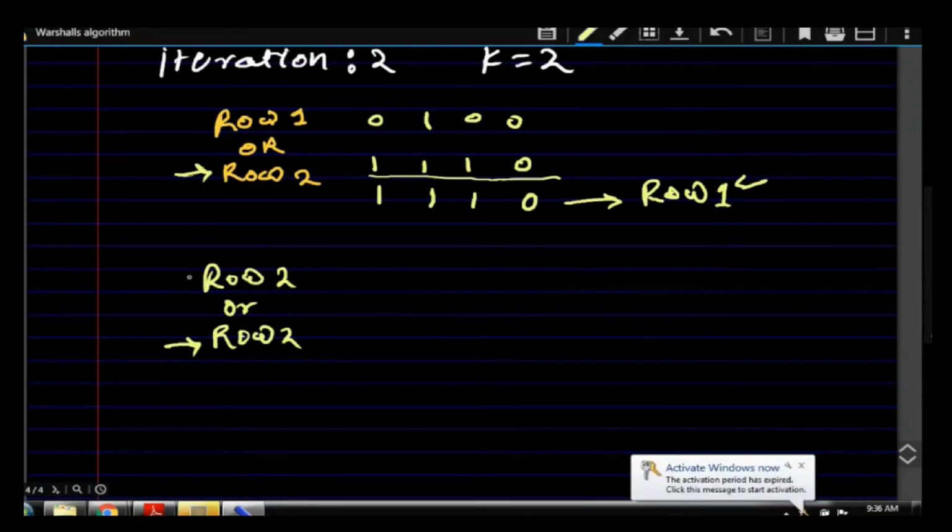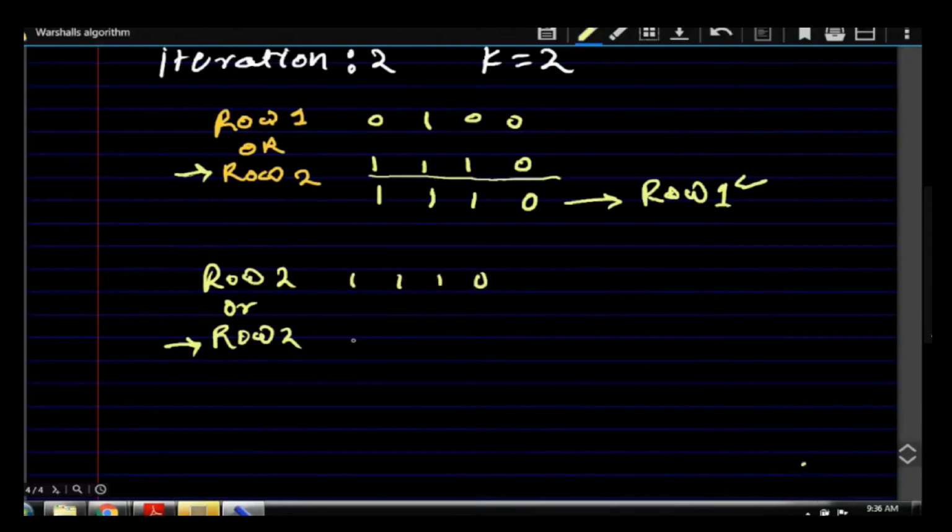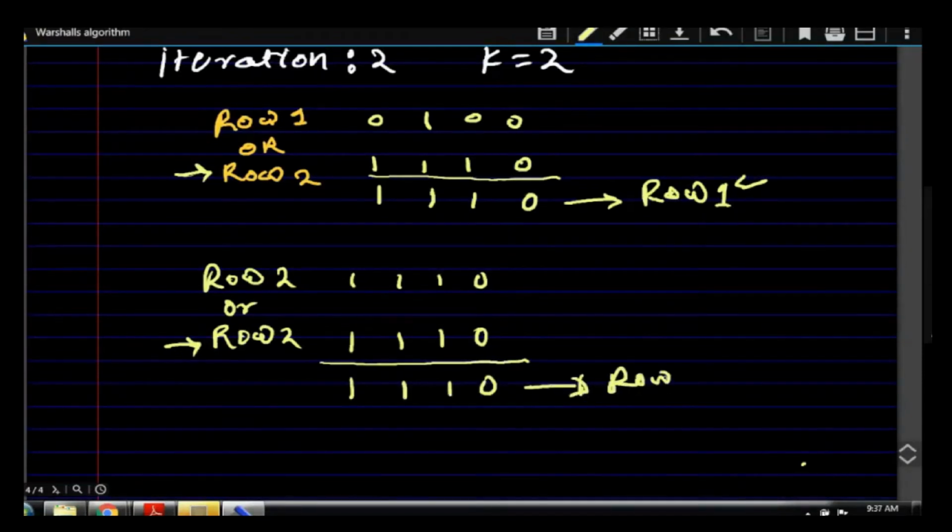Row 2 is 1, 1, 1, 0, and row 2 is 1, 1, 1, 0. If you perform the OR operation on the same row, the result will be the same, it will not change. So actually there is no modification if you perform the OR operation on the same row. So only row 1 you have to modify.